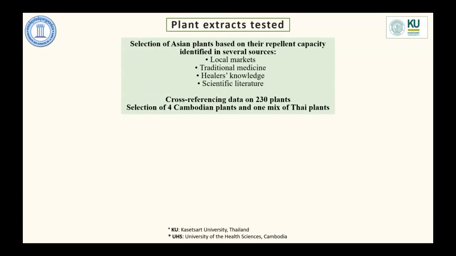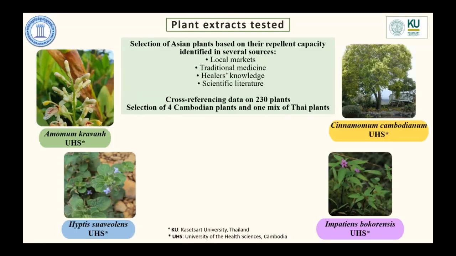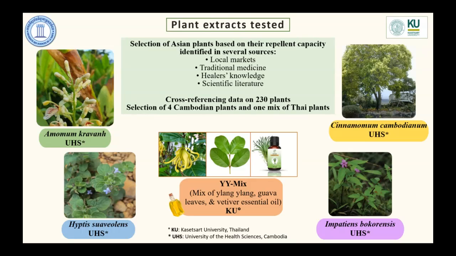We decided to select 4 Cambodian plants: Amomum cravan, Iptis faverans, Cinnamomum cambodianum, and Impatiens bocorensis, and 1 mix of Thai plants, the YY mix, which is a mix of ylang-ylang, guava leaves, and vetiver essential oil.